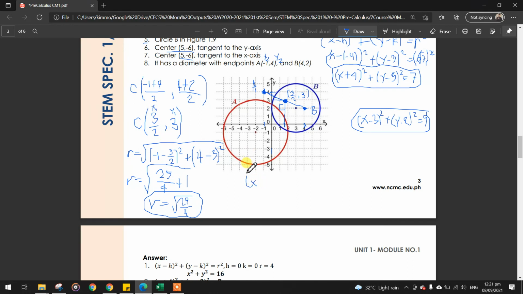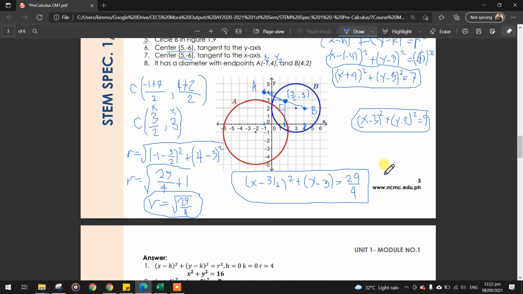Again, our h is 3 over 2, squared, plus y minus our k, which is 3, is equal to r squared. So, this is our r. It is a square root, then squared, so the square root sign is removed. So, it is just 29 over 4. So, this is our final answer.